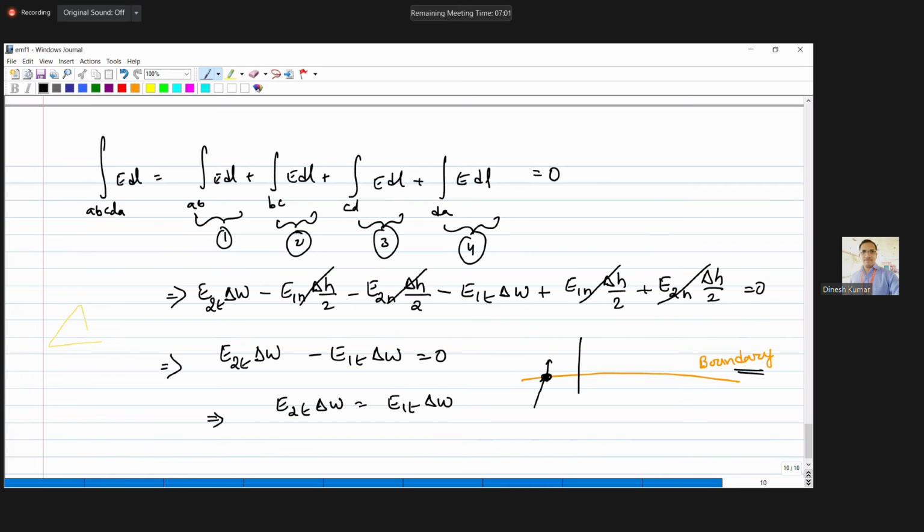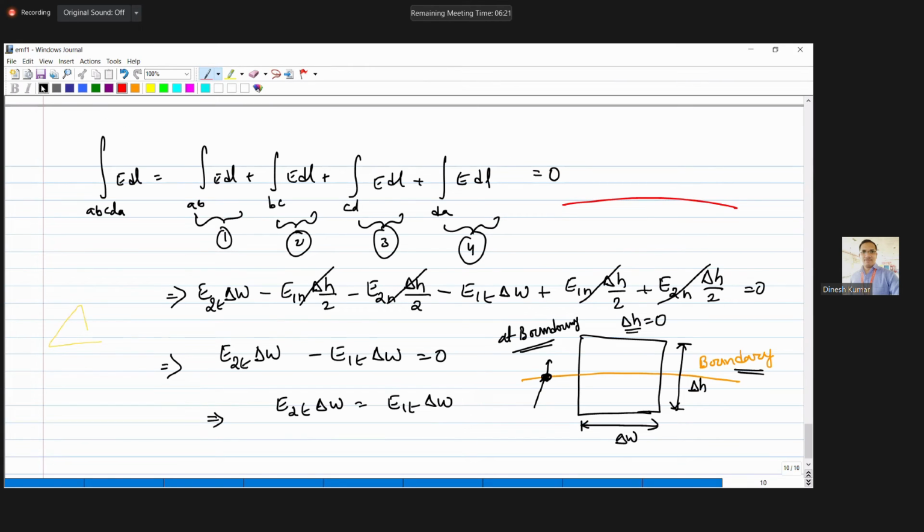See here, we have taken one loop which has width delta W and height delta H. When I talk with respect to the boundary, you can make the height of the loop 0.